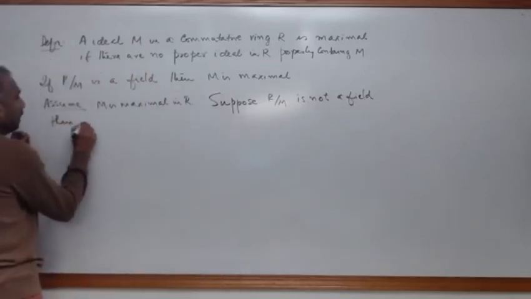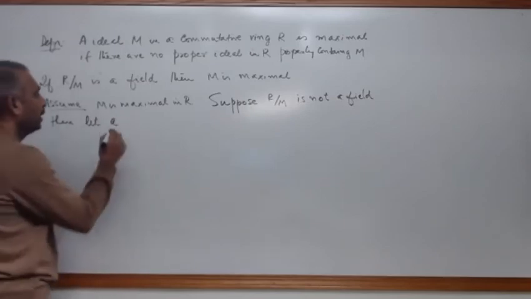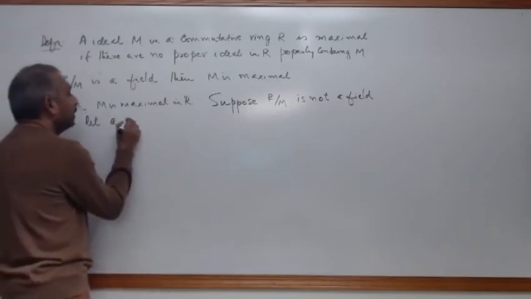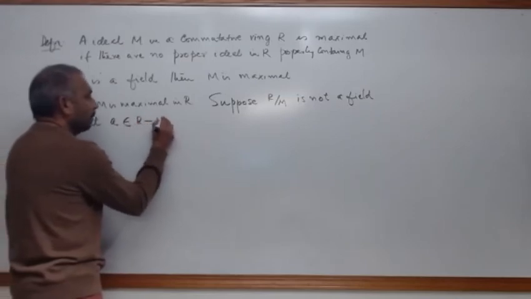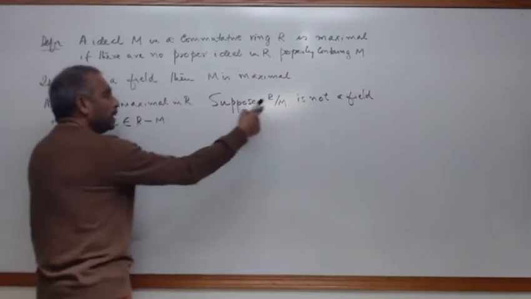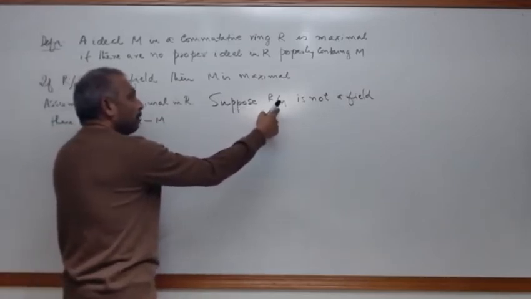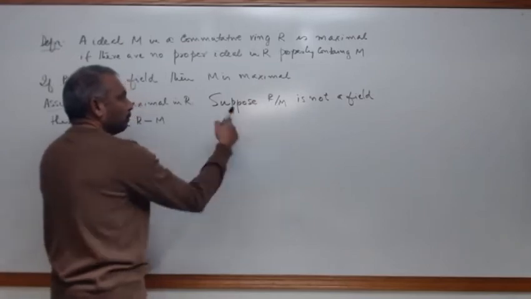Then let A be in R minus M. It cannot be in M, because if it is in M, then it will become the additive identity of this factor ring.